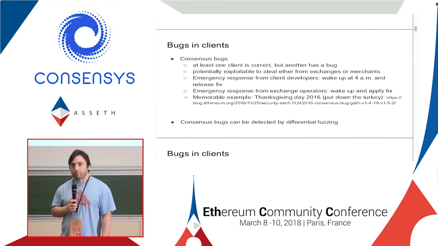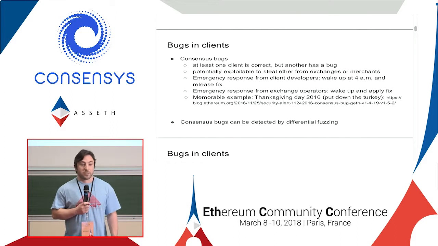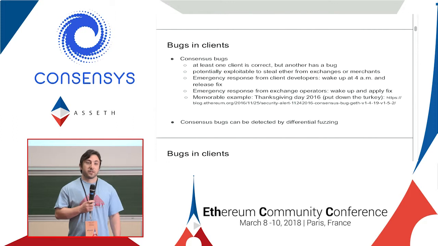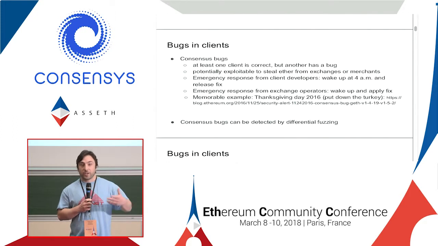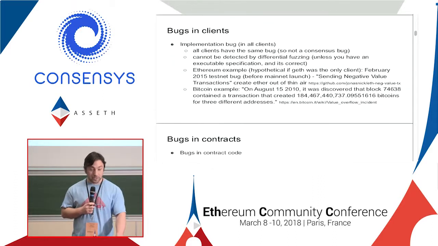And before those releases, the clients were not fuzz tested. So we wanted to try to prevent the same thing from happening for the next fork, and so we started fuzzing.